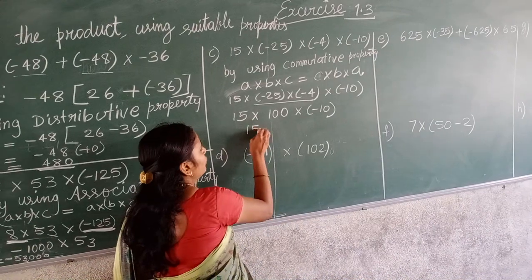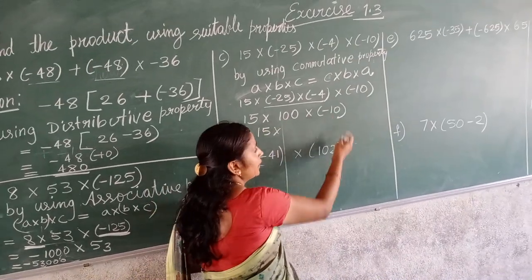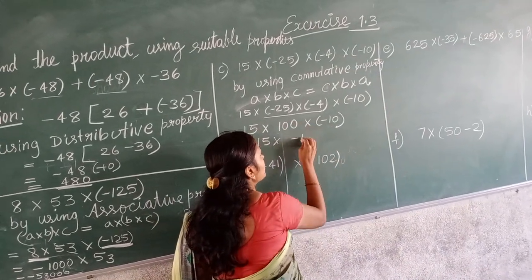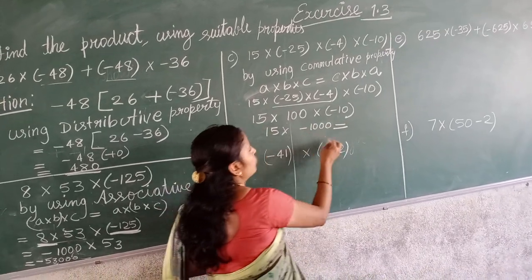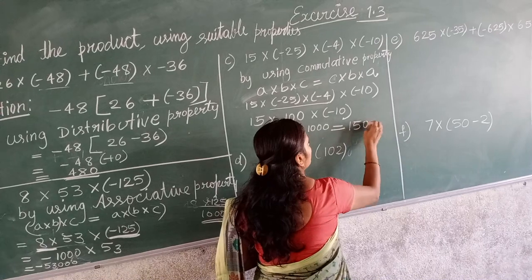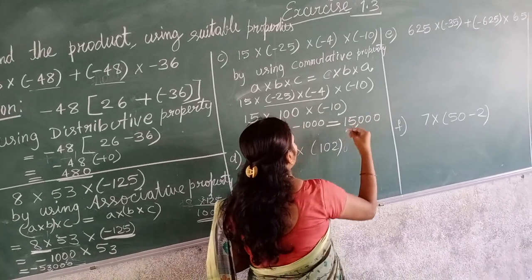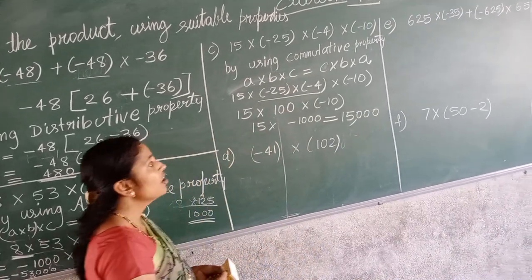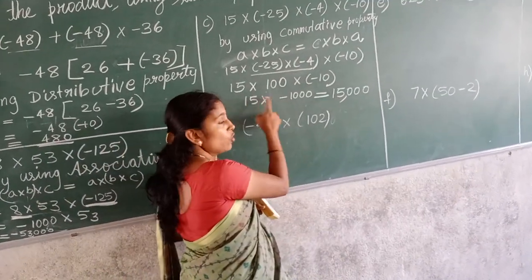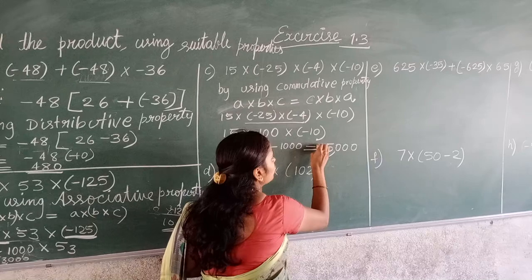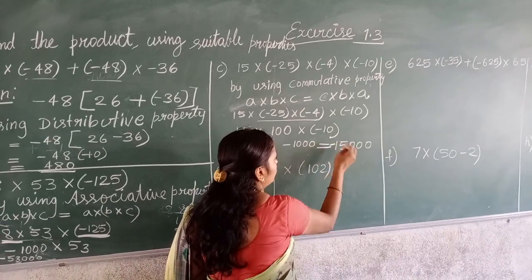Now 15 into 100, tens are 1000, plus the minus becomes minus. 15 ones are 15, with three zeros, 15,000. But when opposite symbols are there, you have to put negative.